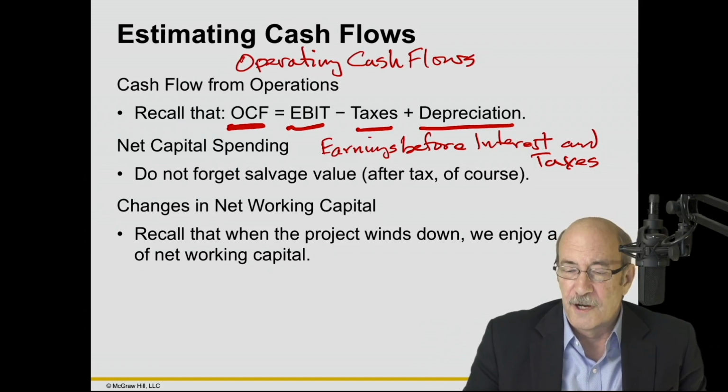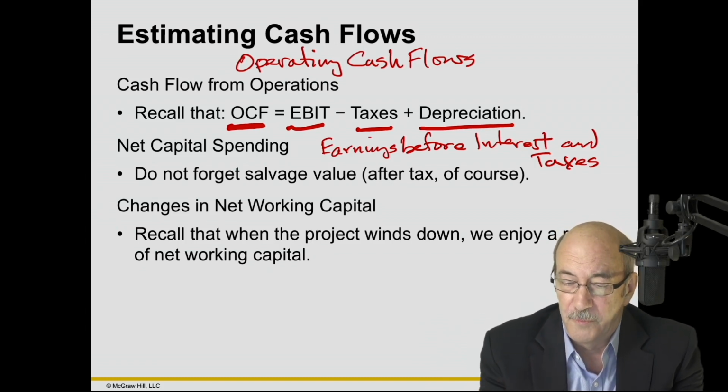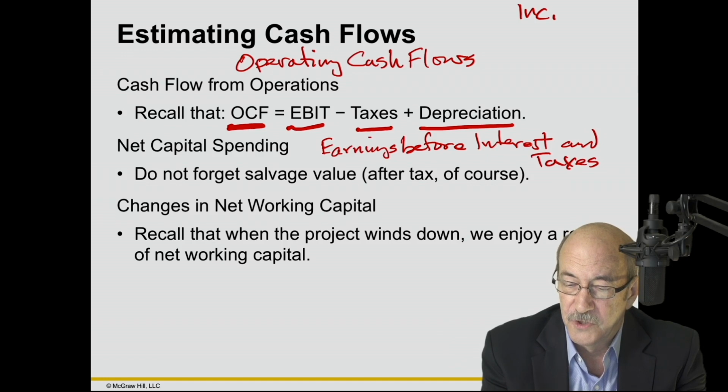Think of ourselves here on the income statement. We've got revenues, we've got cost of goods sold. Let's drop down here a ways. Down here we have EBIT, and then we have interest, and then we have taxes.